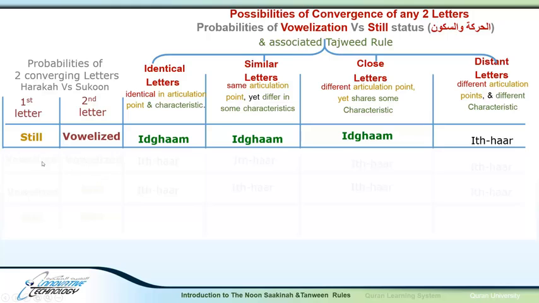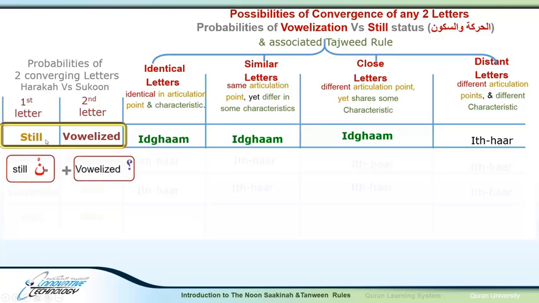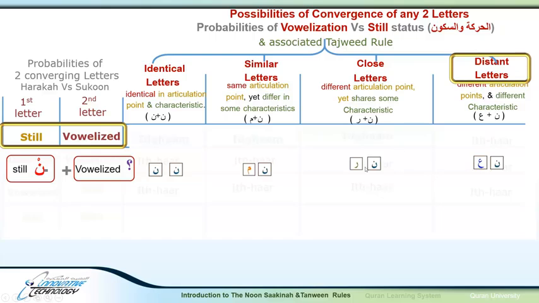In this lesson, we're going to concentrate only on the first probability, where the first letter is still and the second letter is vowelized. And again, out of this one probability, we're going to take only one case, which is the first letter being a still Noon, Noon Sakinah, followed by any vowelized letter. Let's take these 2 close letters, the Noon and Ra.